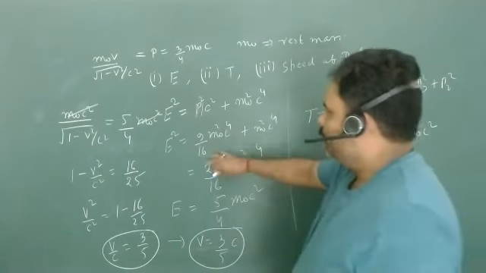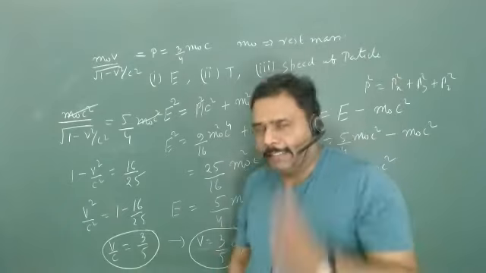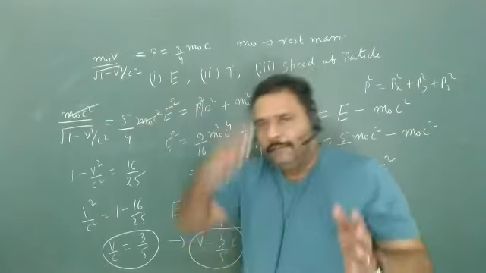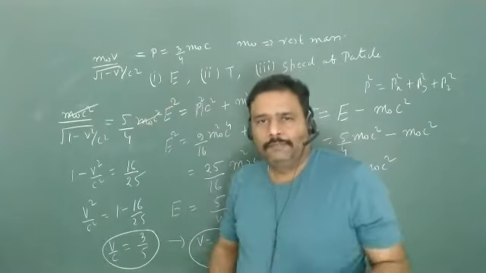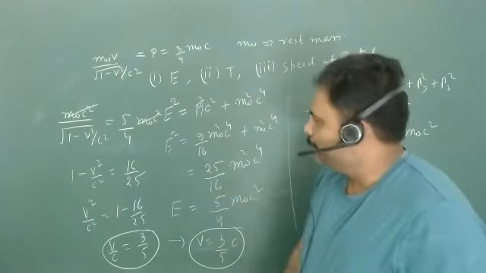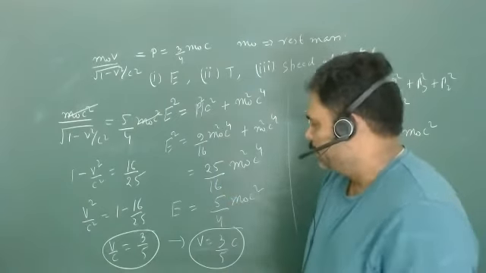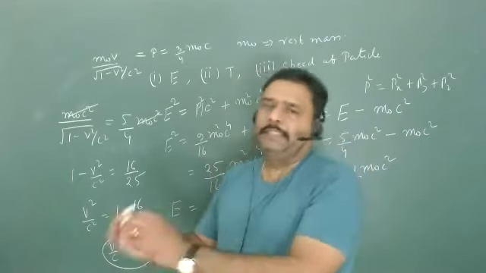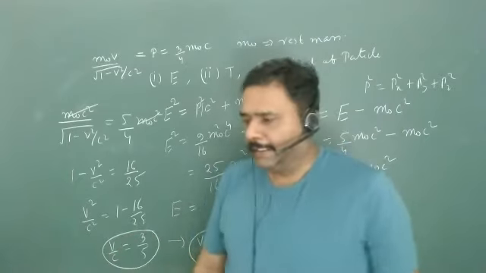If one side is 9, another side is 16, then the hypotenuse is 25. Just think of the beautiful symmetry you are getting from energy, momentum, and rest mass of a particle.